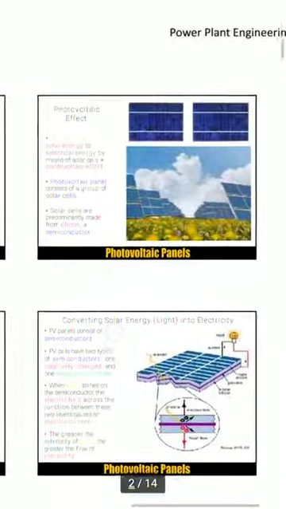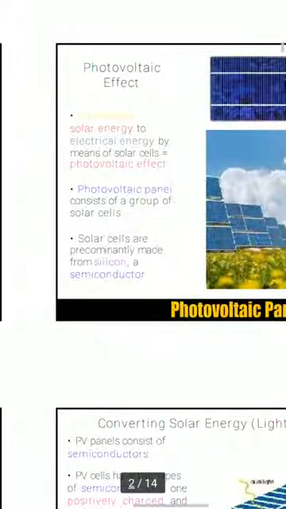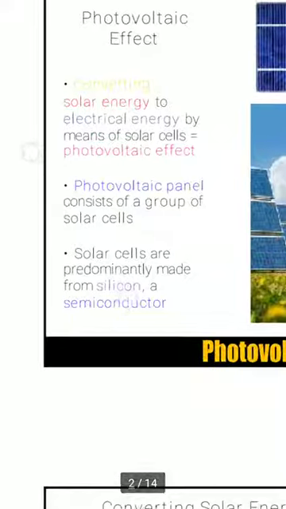And the next one is the photovoltaic effect, which also uses solar energy, that is, converting solar energy into electrical energy by means of solar cells. Here we use solar cells to convert the solar energy, which is due to the photovoltaic effect. Photovoltaic panels consist of a group of solar cells.